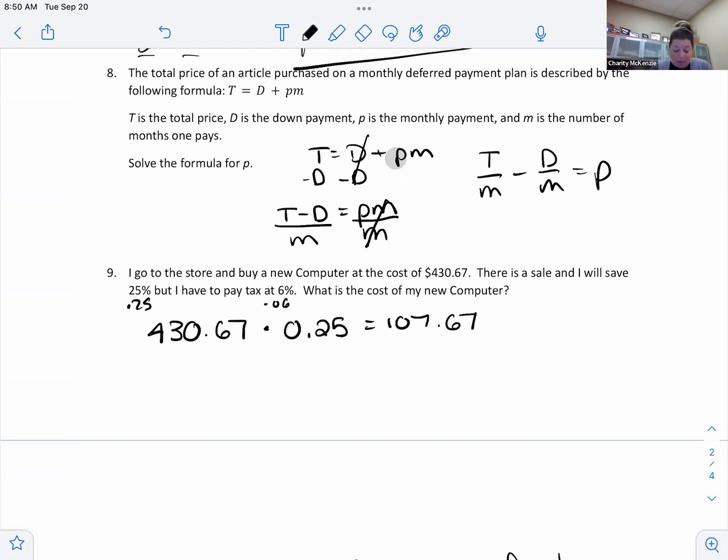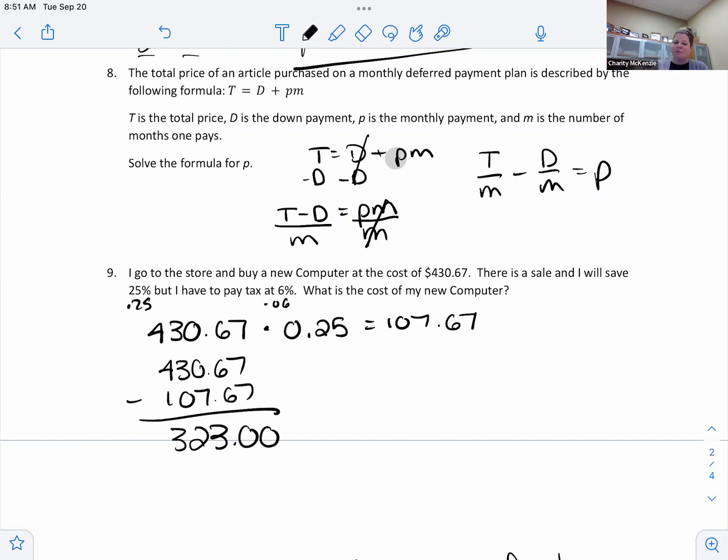So what I'll do now is take the $430.67 and I get to subtract off that money. Okay, so then I'm going to take $430.67 and I'm going to minus the 107.67. Gosh, that's so pretty. So 323. I thought I wrote it down wrong because the cents canceled perfectly.